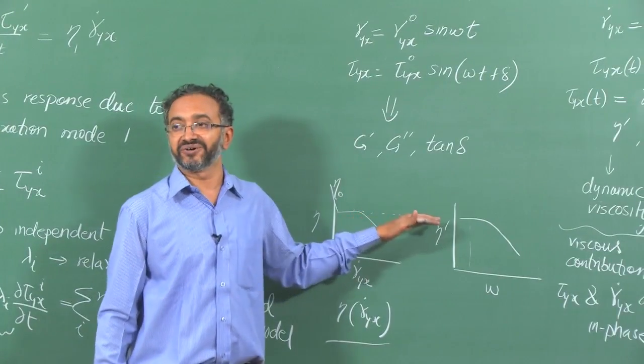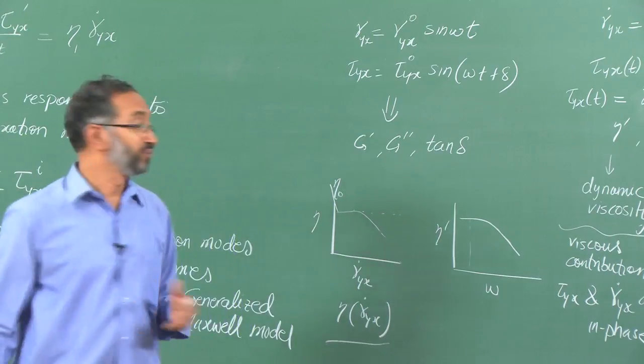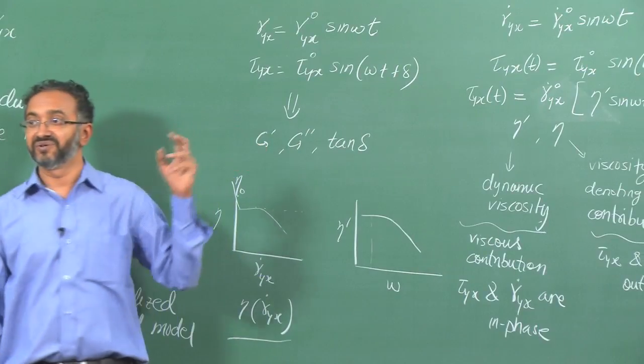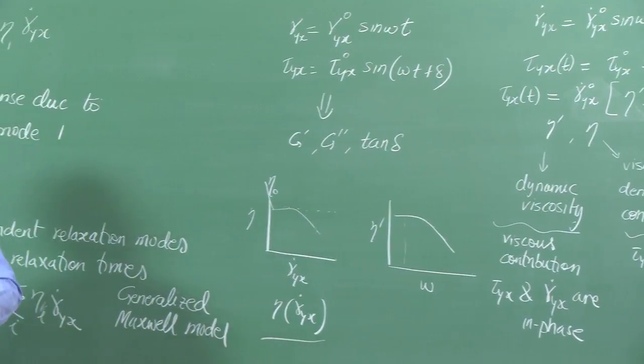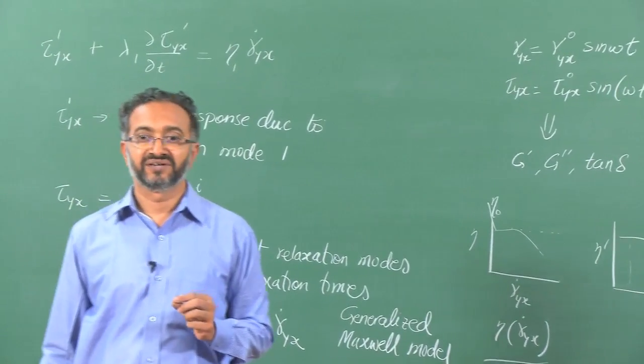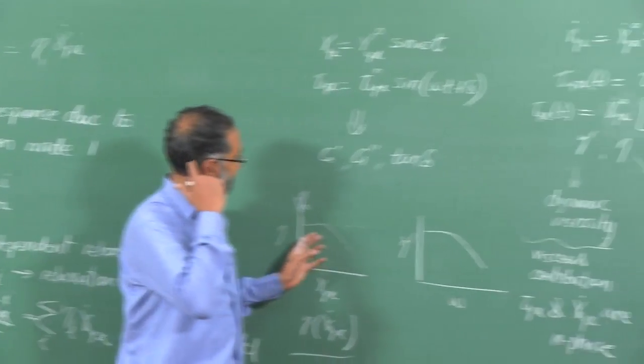If you do steady shear on it, it shows constant viscosity, but if you do oscillatory shear you can characterize the elastic contributions also. So it has elasticity, but it is a constant viscosity elastic fluid. So such possibilities are there.